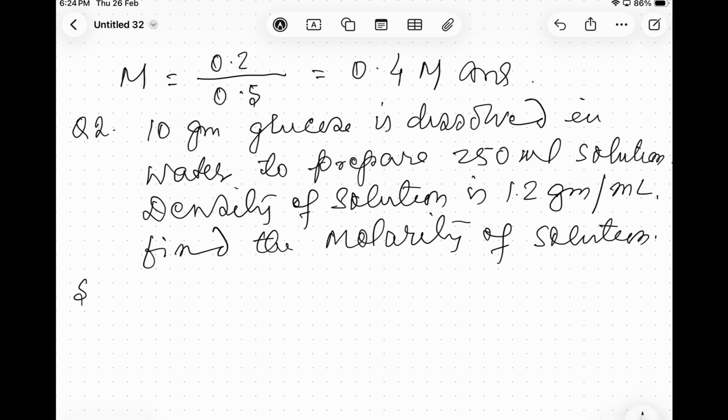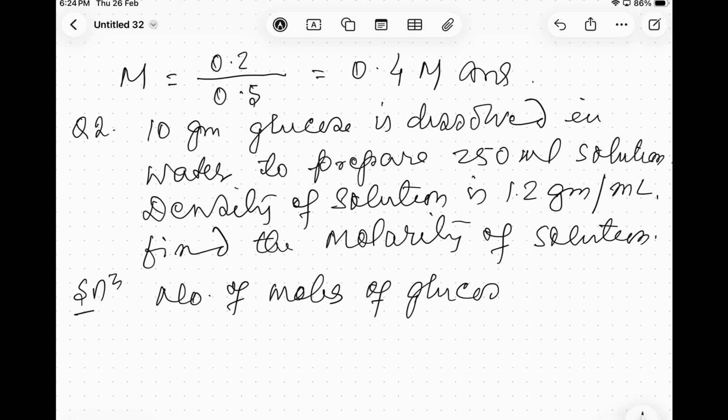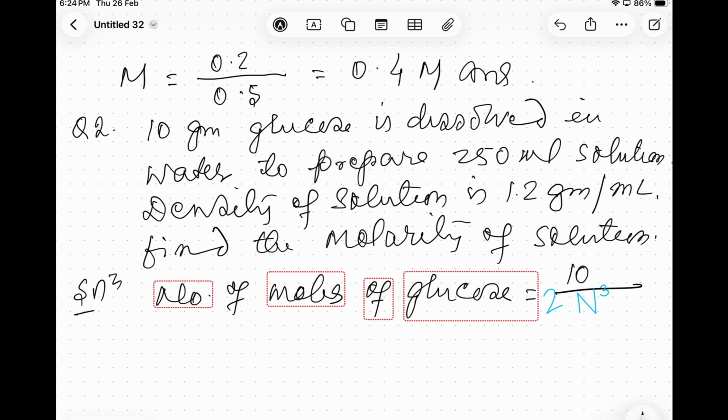To solve this question, you need only two things: number of moles of glucose, that is solute, and this should be equal to 10 by 180, because molar mass of glucose is 180.